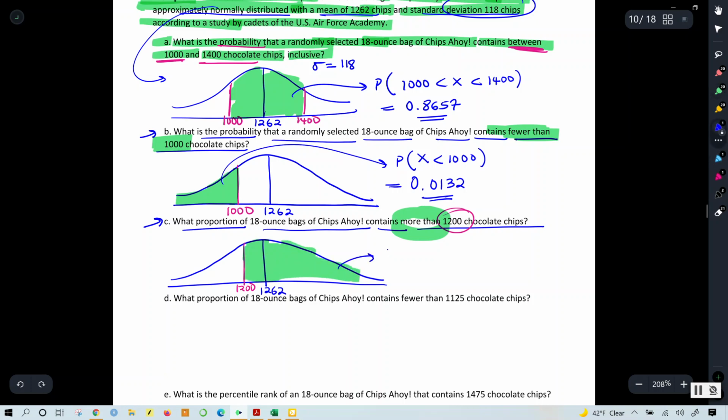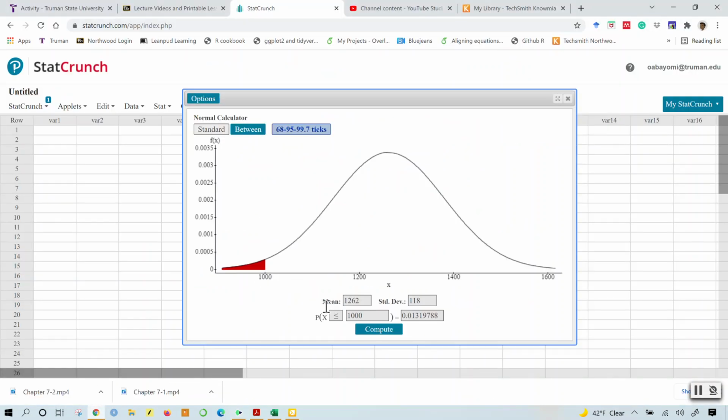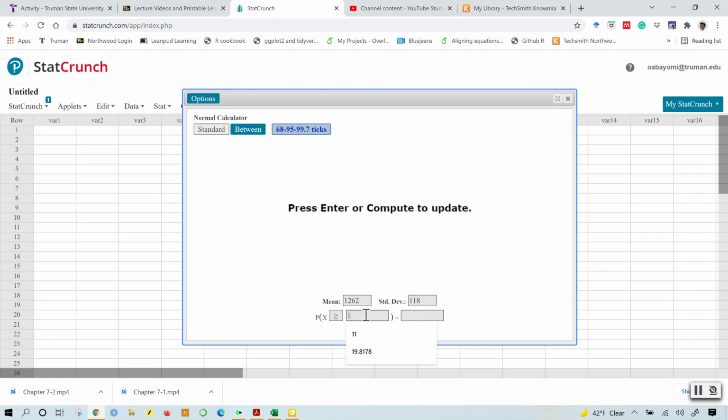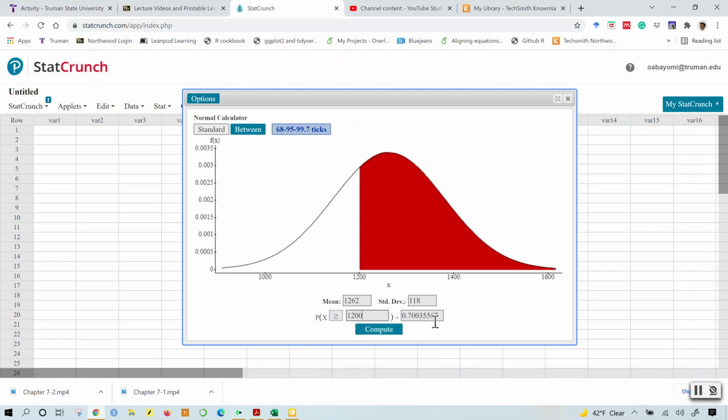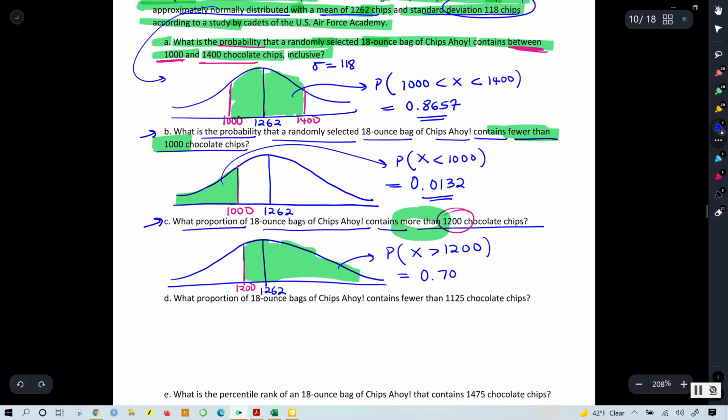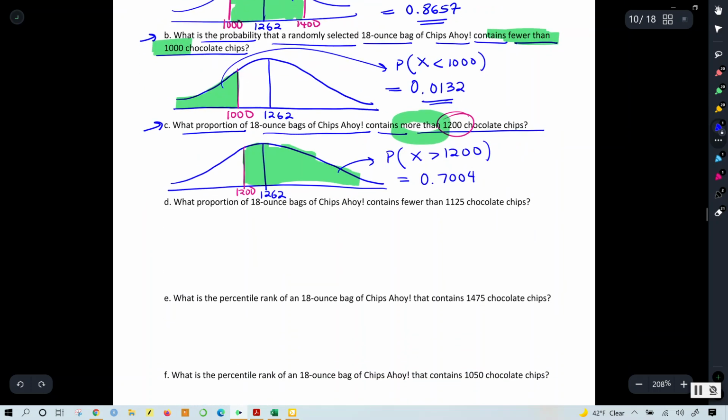This will be the probability of x more than 1,200. Going back to StatCrunch, you want more than 1200 and hit compute. So you have 0.7004.